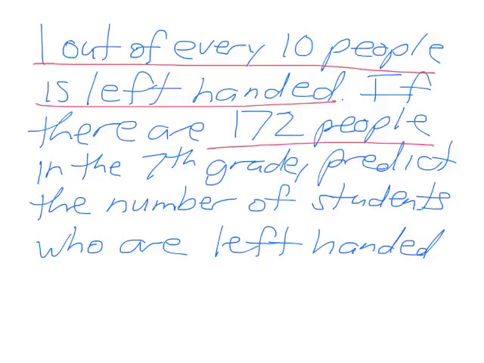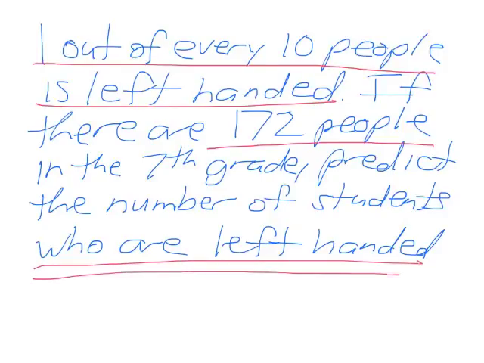That's the important information that we need to know. And we also need to know what it is we're trying to find out. It's how many students are left-handed. That's the question. That's what we want to know. There should be a big question mark there. How many are left-handed?